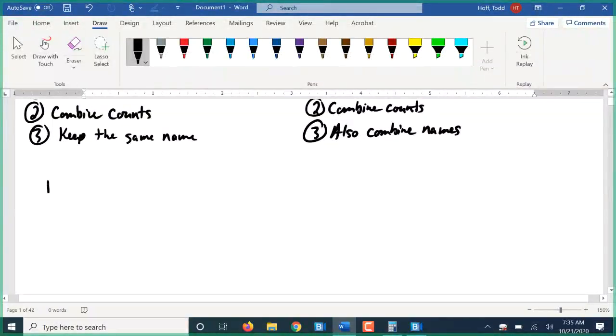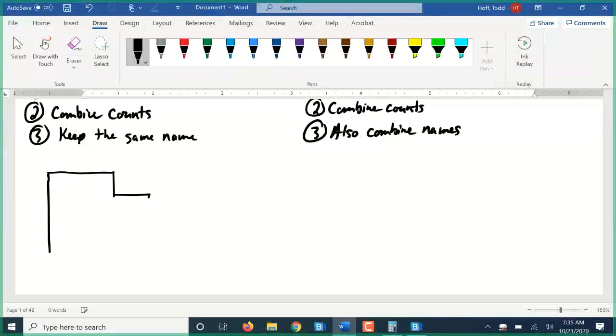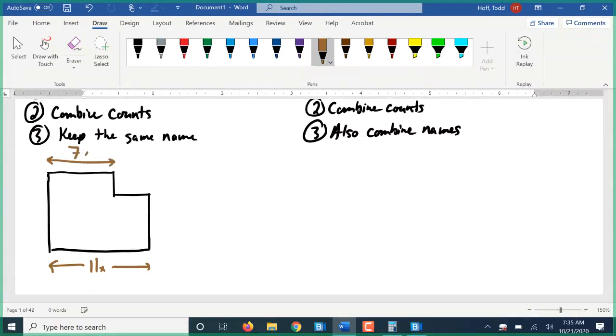Let's say instead of having different names here, this dimension is given as 11x. And this dimension here is given as 7x.